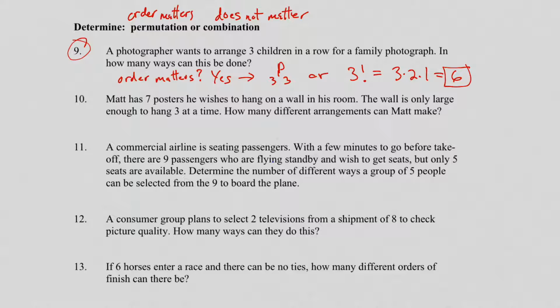Okay, so 6 different ways. So if I do the sample space, you're going to see 6 different ways that we can arrange this. Okay? So let me do that real fast on the board.